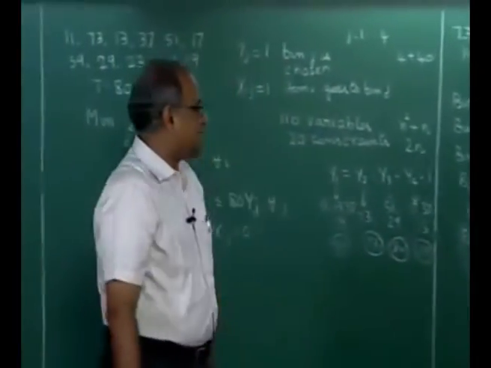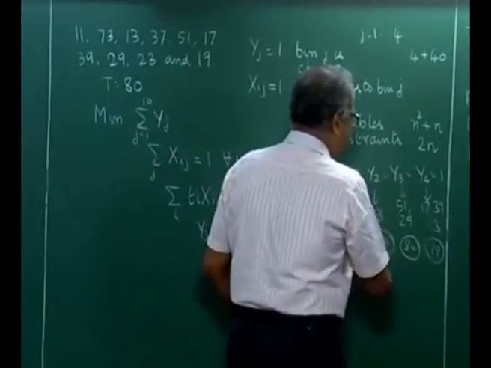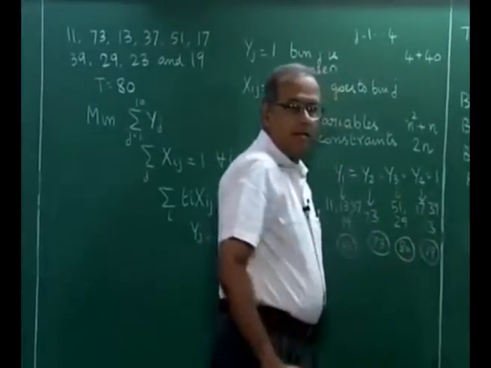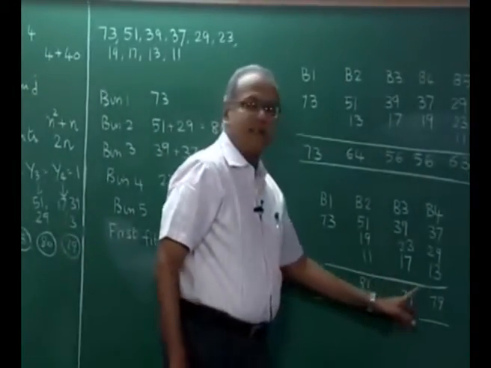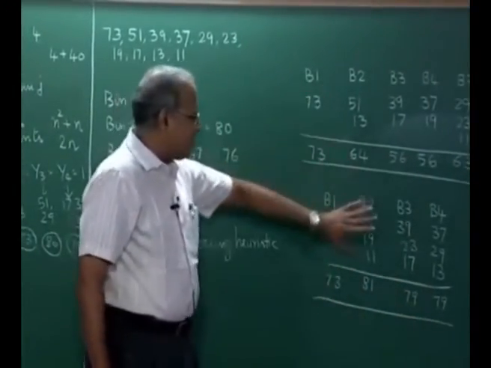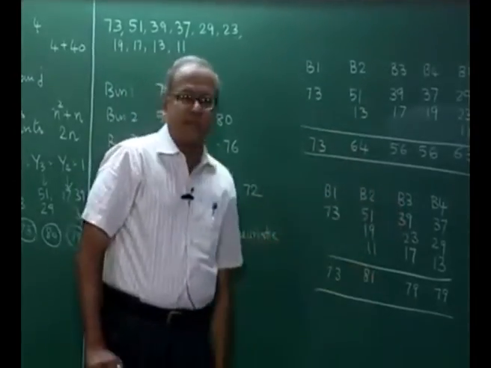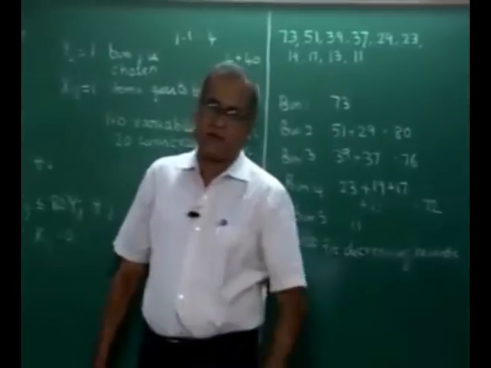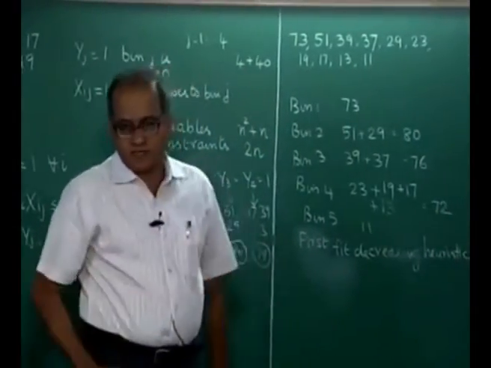Now we realize that the optimum solution was able to give us 80, 73, 80, 79, the heuristic solution gave us 73, 81, 79, 79. So using this heuristic solution, we observe that we won't be able to squeeze all the orders in 80 time units if we have only 4 trucks.